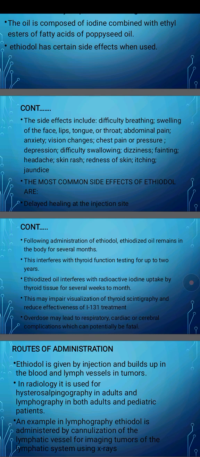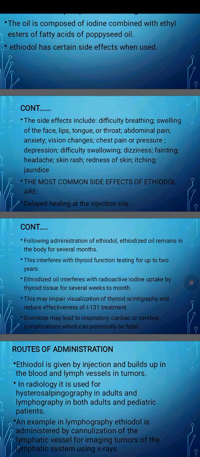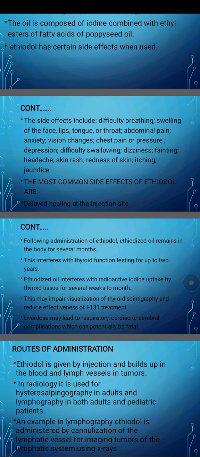We can also use the drug to see whether the fallopian tubes are partly blocked or fully blocked. In lymphography, ethiodol is administered by canalization in the lymphatic vessel to produce images of the tumors in the lymphatic vessel. That is all for this presentation.